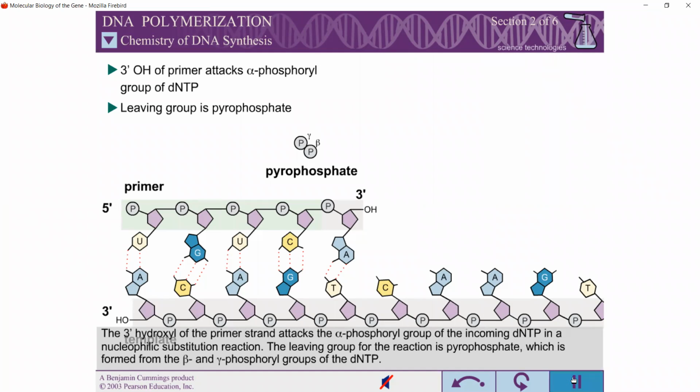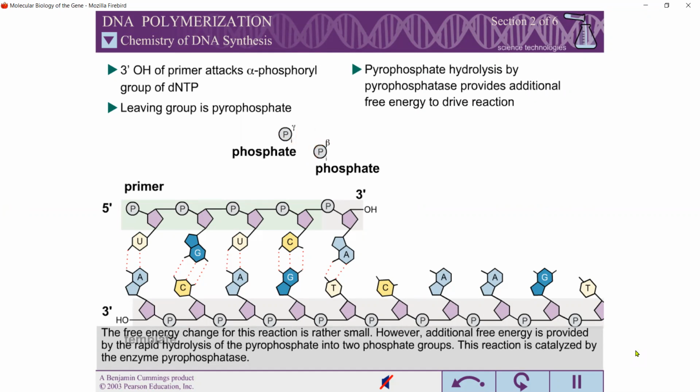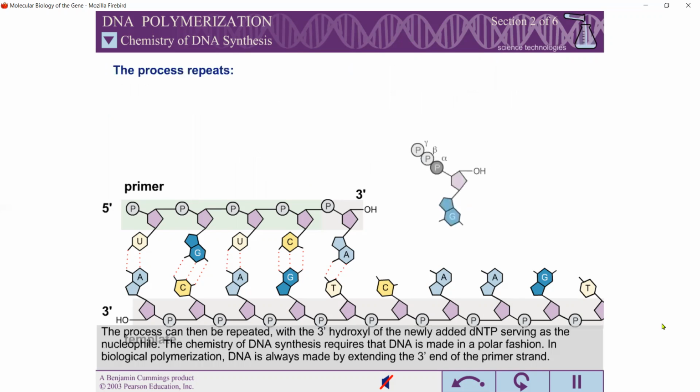Let's see that once more. As you see in this reaction, the pyrophosphates were left out. The pyrophosphates are broken down, and as a result of the breaking down of the pyrophosphate, the energy released is used to catalyze the reaction further so that the next dNTP can be brought in. Let's see the reaction once more.